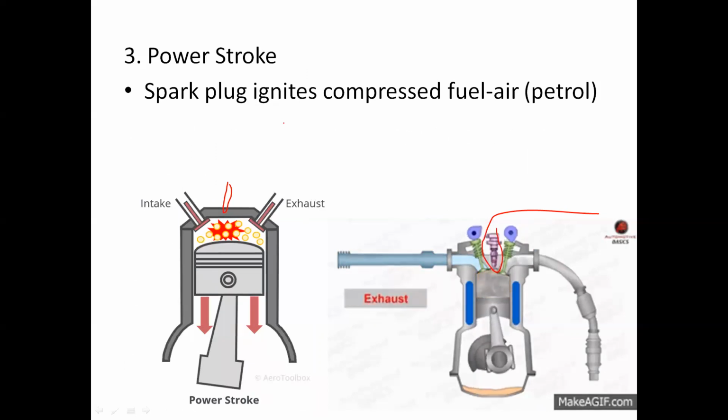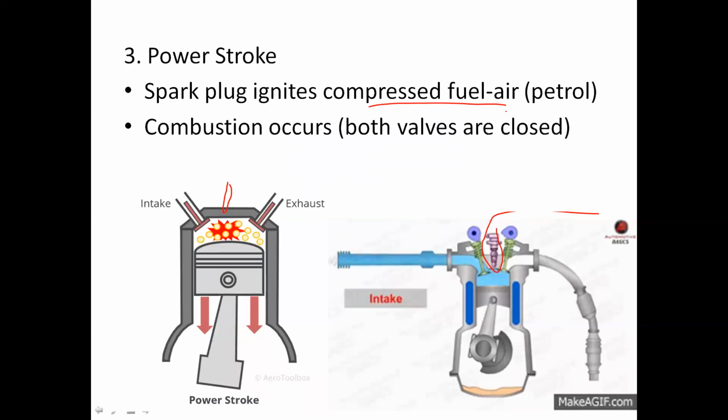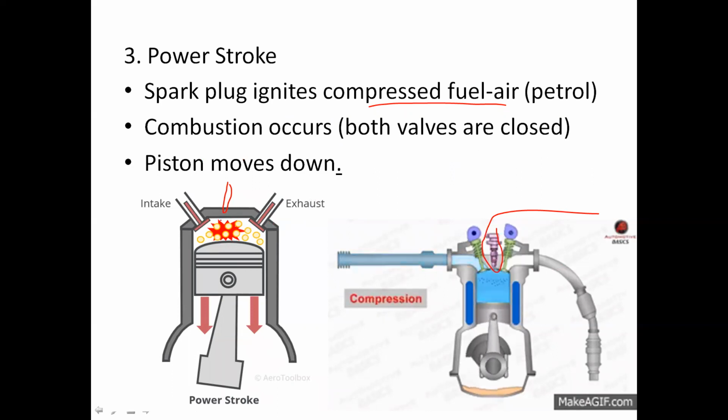There's an electrical current that is being ignited there, and it's the one that causes the compressed fuel and air, which is already high in temperature, to combust. So combustion occurs. And take note that in this power stroke, both the valves are closed. Then, because of that combustion, it will force the piston to go down again.